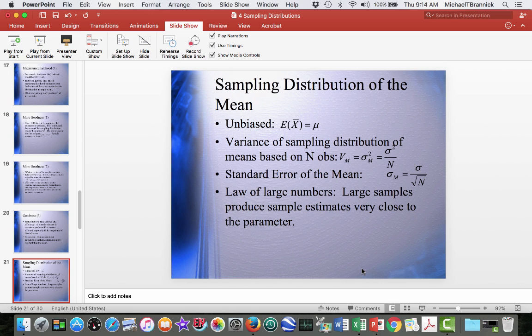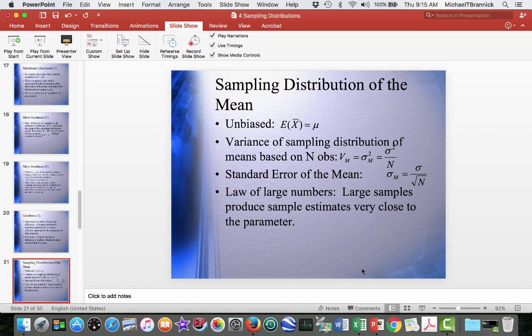Okay, so now we're ready to talk about the sampling distribution of the mean. The sampling distribution of the mean is unbiased, so the expected value of x bar is equal to mu. The variance of the sampling distribution of means based on n observations, V sub m, is equal to sigma squared sub m, where sub m means for the mean, is equal to sigma squared divided by n.